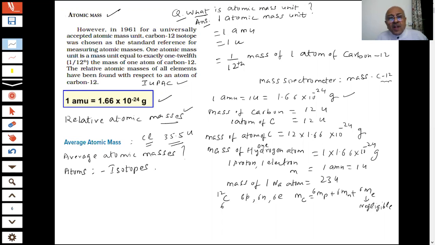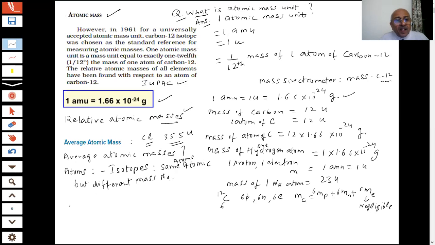What are isotopes? These are atoms which have the same atomic number but different mass number, because the number of protons is the same, but the number of neutrons becomes different.